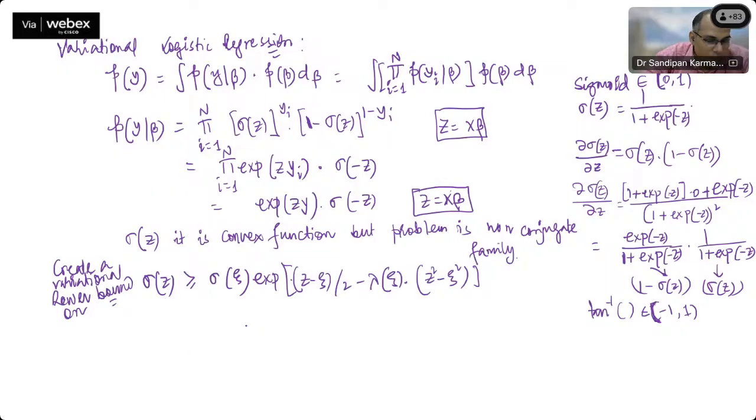And where this lambda of xi is 1 by 2 xi times sigmoid function of xi minus half.